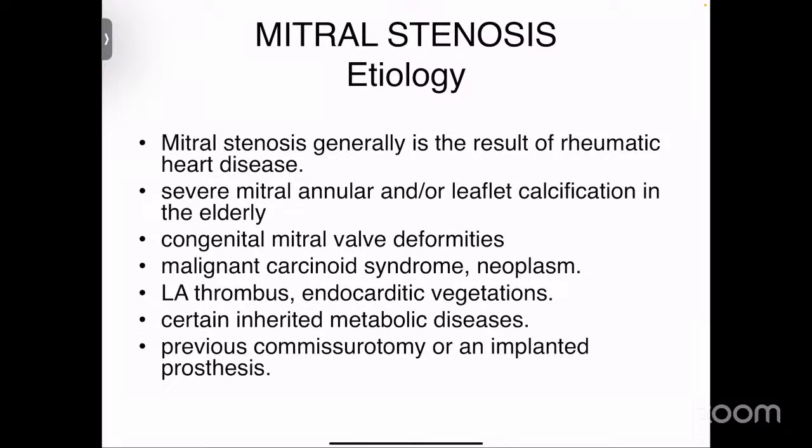Mitral stenosis is generally the result of rheumatic heart disease, and non-rheumatic causes of mitral stenosis or left ventricular inflow obstruction can include severe mitral annular calcifications in the elderly, congenital mitral valve deformities like mitral valve clefts, malignant carcinoid syndromes, neoplasms, left atrial thrombus, endocarditic vegetations, or in those cases who have had previous commissurotomy or implanted prosthesis.